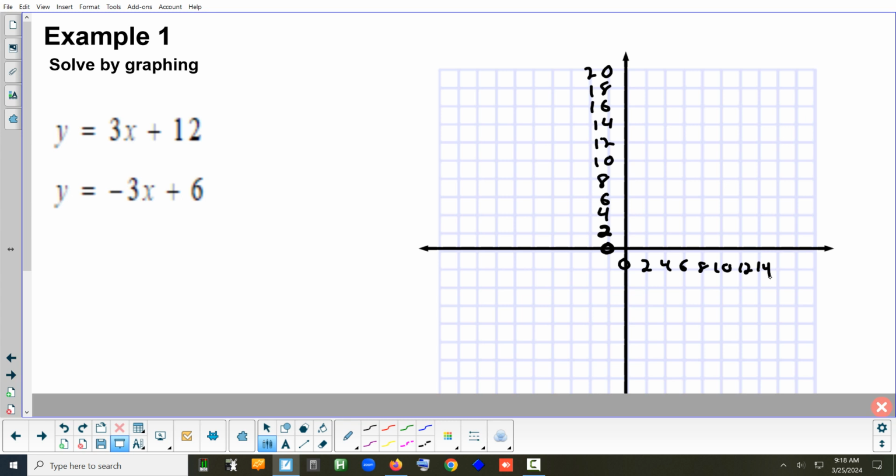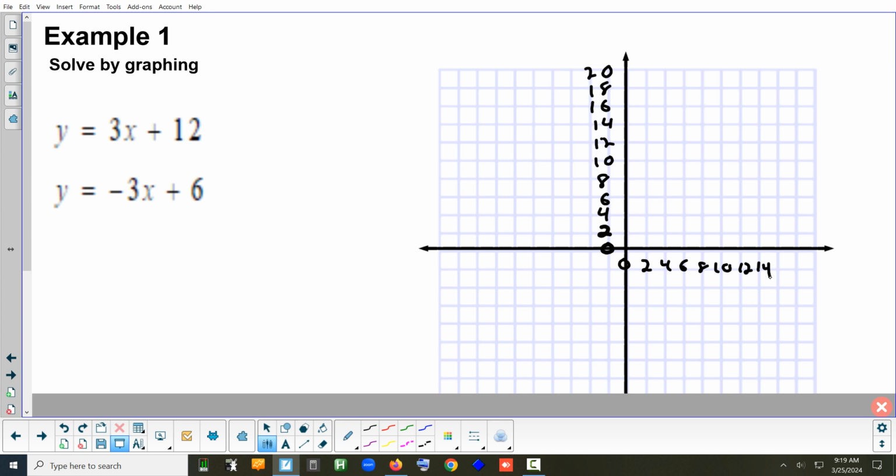Now, are both these equations in the right format? Yes, they are. Perfect. Okay, what's my y-intercept for the first one? It's like the dot and 3. So what's my y-intercept? 3x plus y.